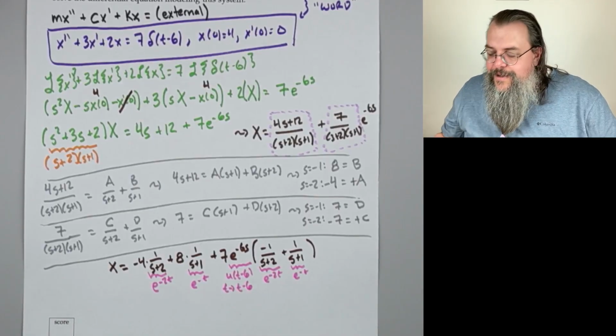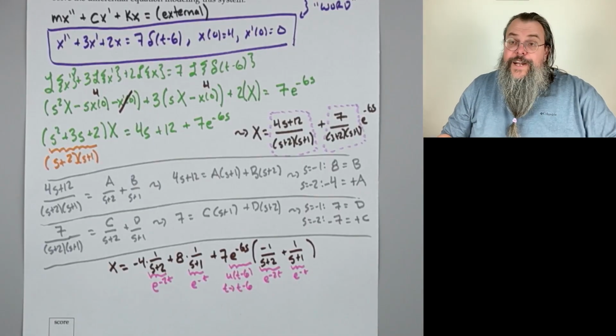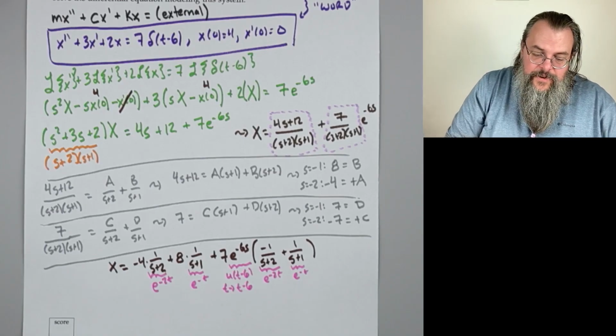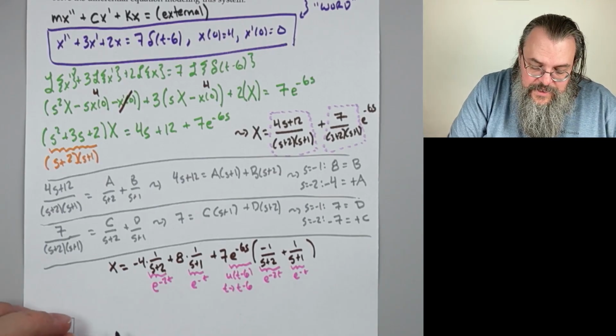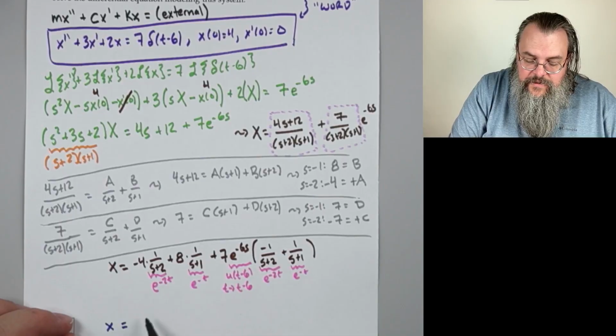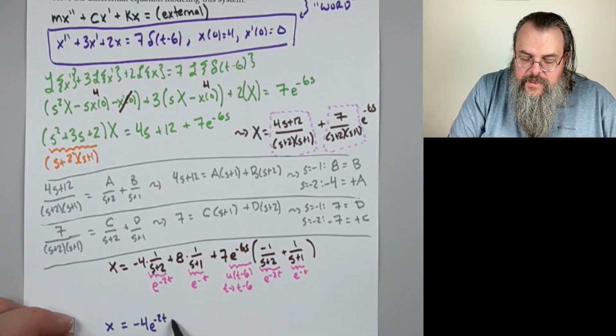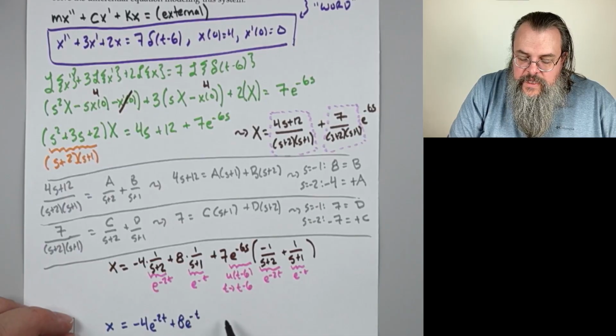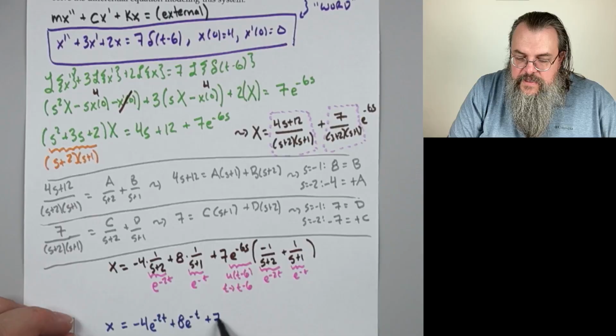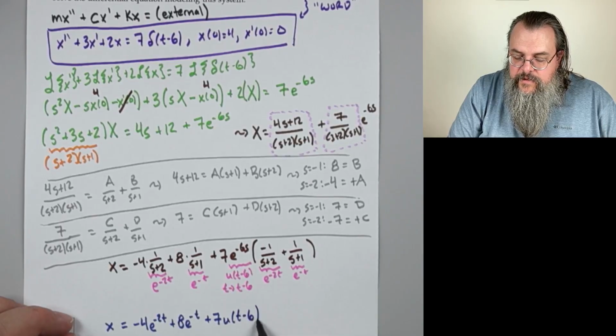So our last thing is to write down the answer. So our solution, x, is -4 e to the -2t plus 8 e to the -t plus 7 u of t minus 6.